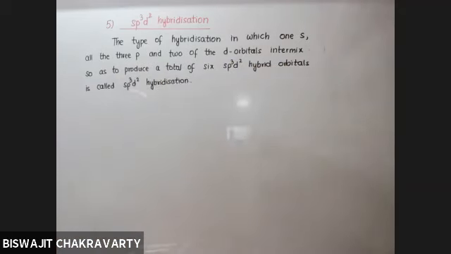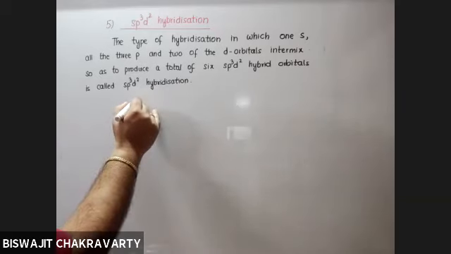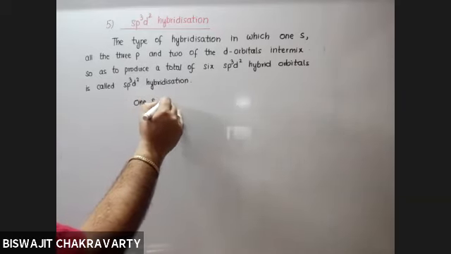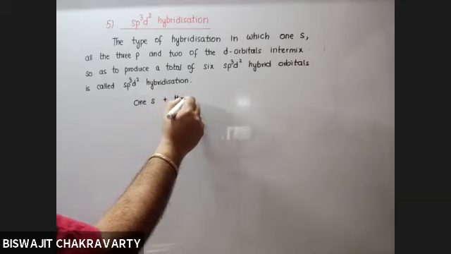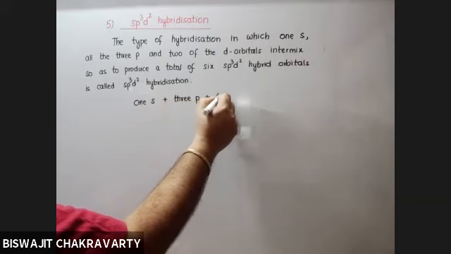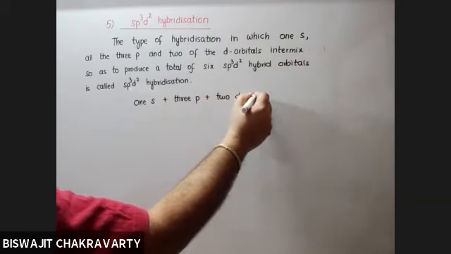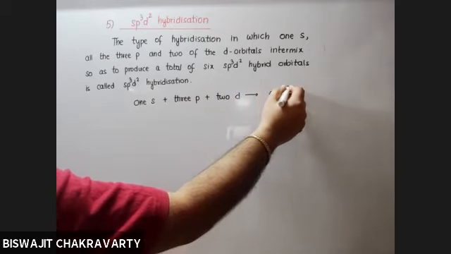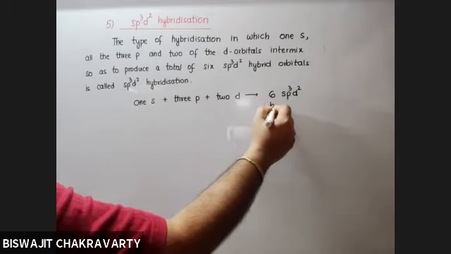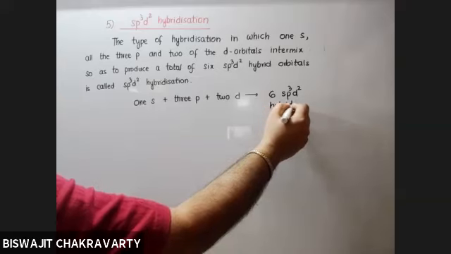So here also, to avoid complexity out of shapes, we are simply writing 1s, 3p and 2 of the d orbitals will produce 6 sp3d2 hybrid orbitals.